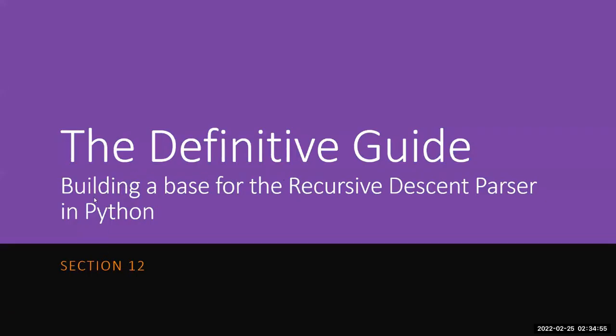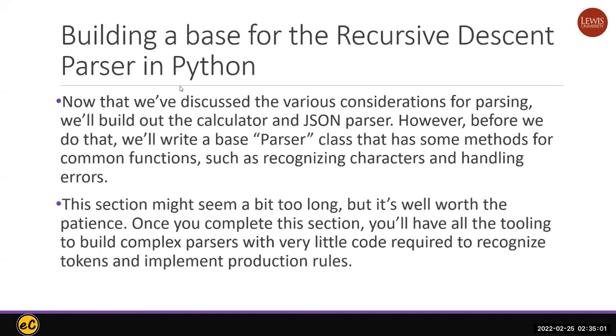So section 12, building a base for recursive descent parser in Python. We are going to look into how to use Python to do the recursive descent parser. Now that we have discussed the various considerations for parsing, we will build out a calculator and JSON parser. However, before we do that, we will write a base parser class, which has some methods for common functions such as recognizing characters and handling errors.